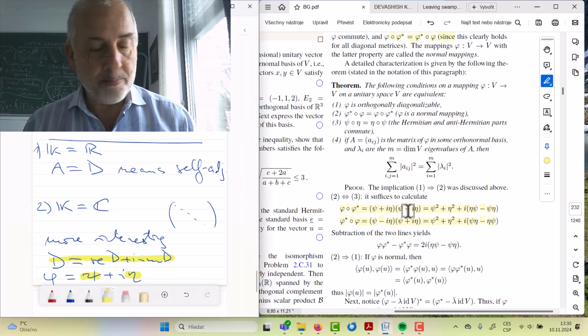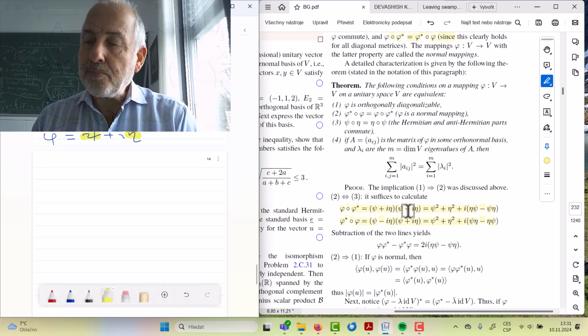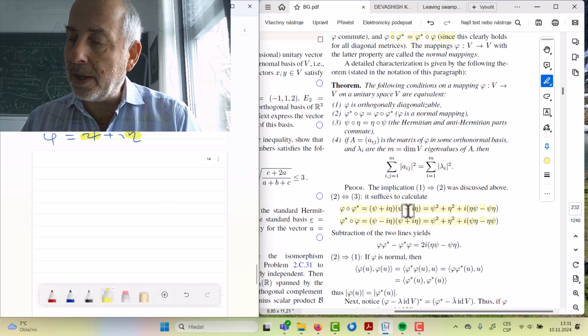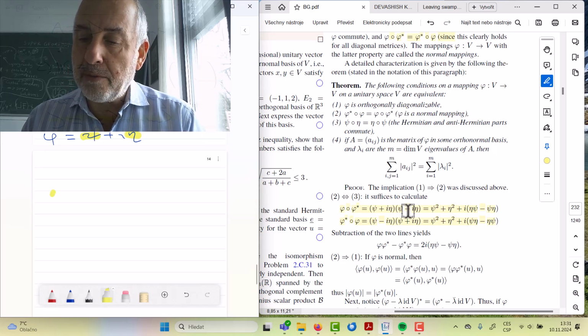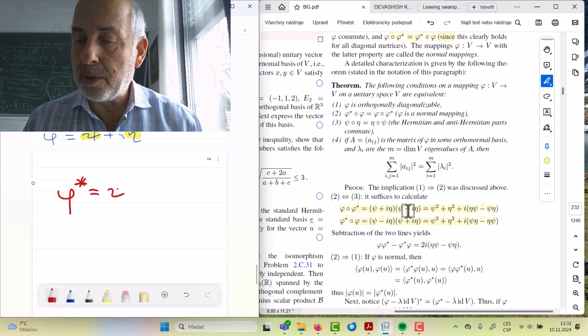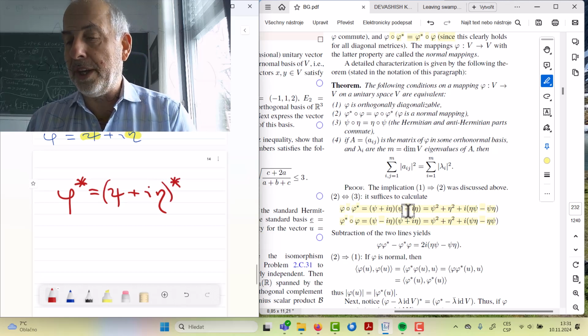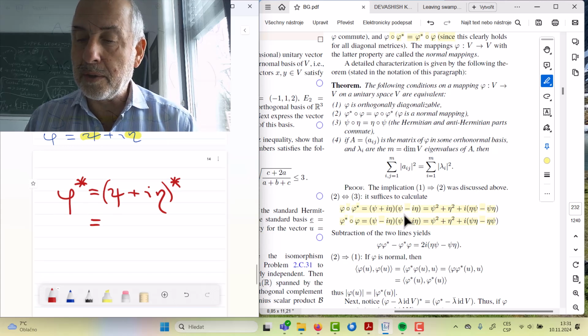So maybe I should make this more explicit. You can imagine phi star is simply psi plus I eta, and the whole thing is star, and if you compute what it is, you get exactly psi minus I eta, right?